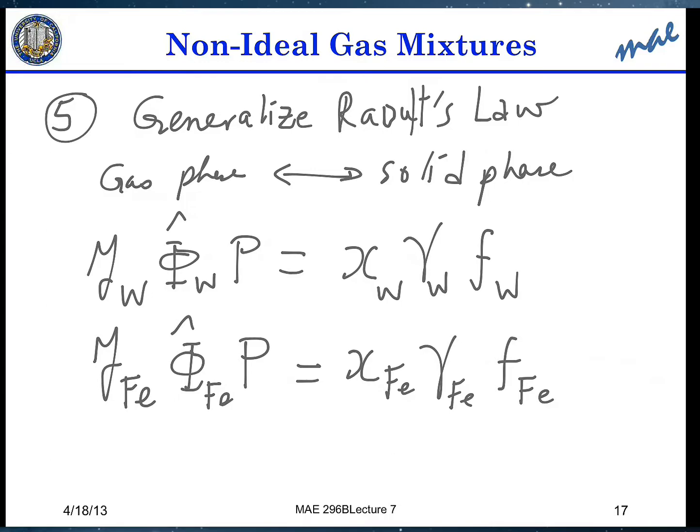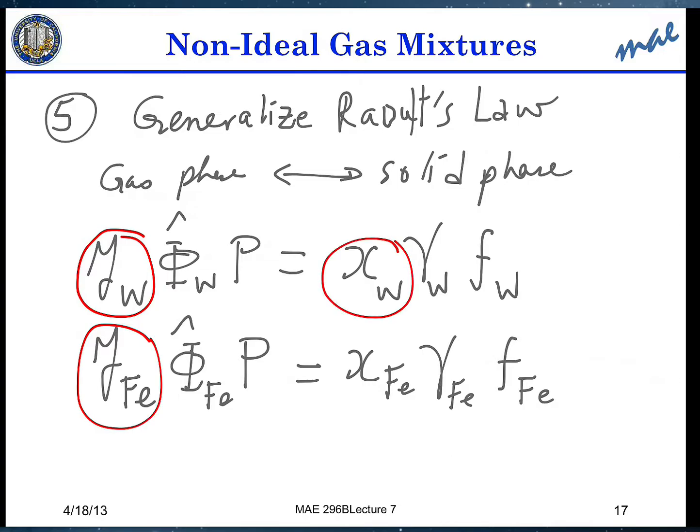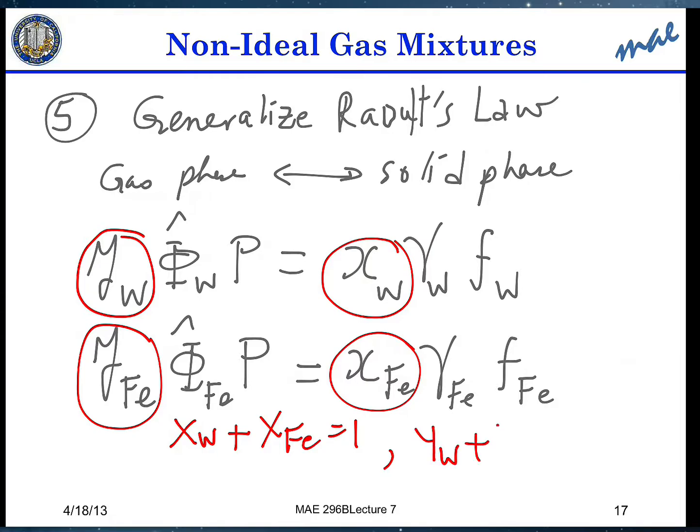And in addition to these two equations, if you look at it, we have four unknowns: y tungsten, y iron, x tungsten, x iron. So we need two more constraints, and the two more constraints are that the sum of x tungsten plus x iron is equal to 1, and y tungsten plus y iron is equal to 1.